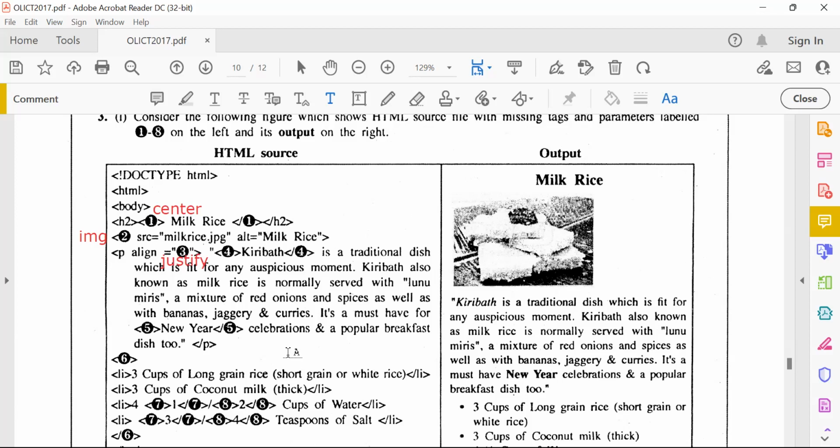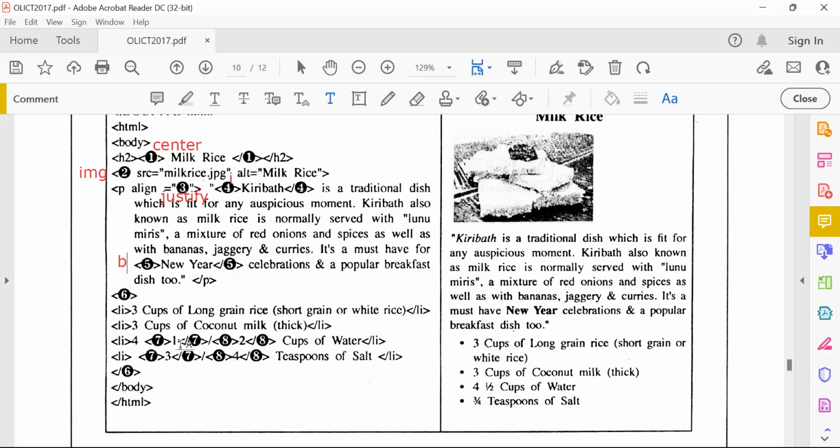And then we have the term Kiribati in italics, right? So that means this is I. And then fifth one, we have New Year in bold. So that means this is B. And sixth one, we have a bulleted list using unordered list.